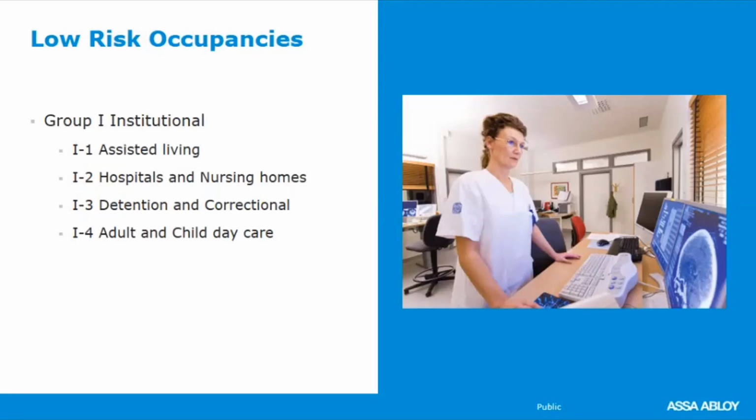What these have in common is that the people are not capable of self-preservation without the physical assistance from somebody else. So staff will help these people evacuate or move to an area of refuge within the building as they wait for the next step.